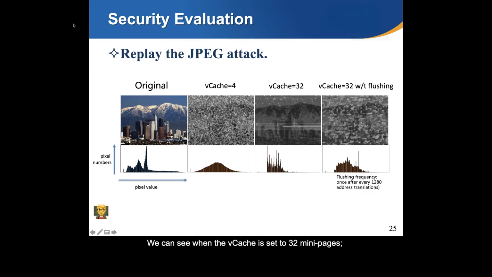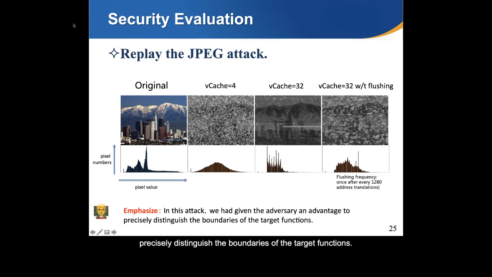We can see when the vcache is set to 32 minimum pages, even with a low flushing frequency, once after every 1218 address translations, most details become unrecognizable and its pixel distribution is relatively smoother than the one without flushing. We should emphasize that, in this attack, we have given the attacker an advantage to precisely distinguish the boundaries of the target functions.